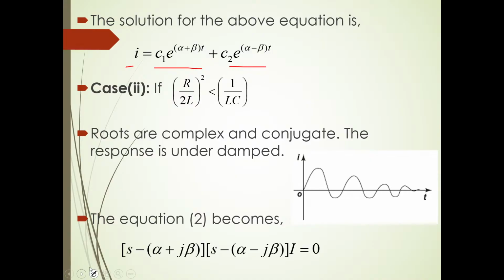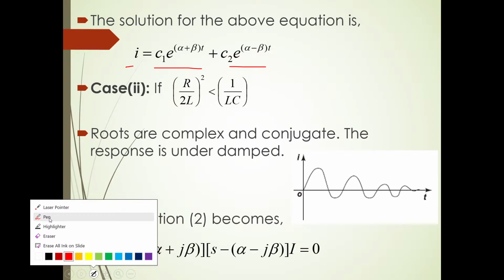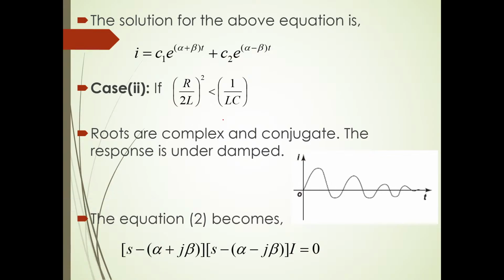Earlier we assumed R by 2L whole square is greater than 1 by LC. Now let us consider the second case. Let us assume R by 2L whole square is less than 1 by LC. Then the roots S1 and S2 will be complex conjugate.